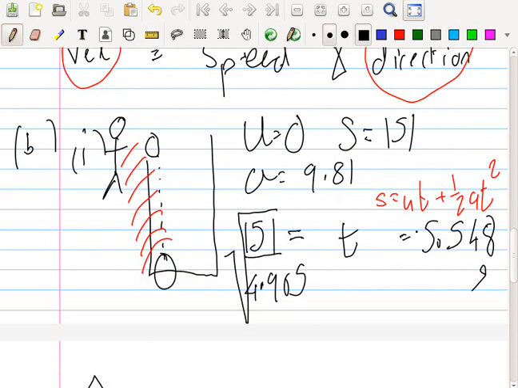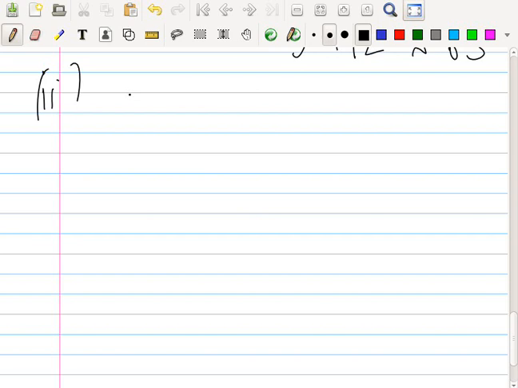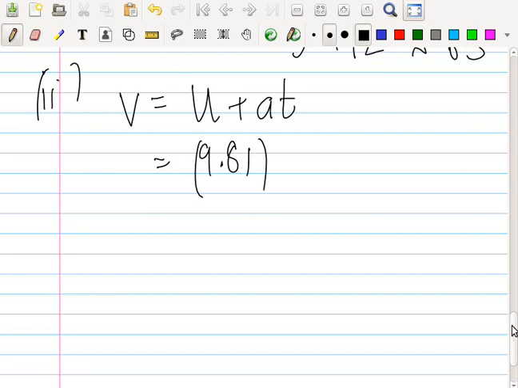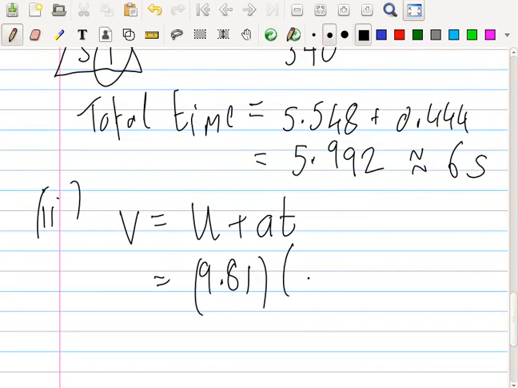The next part is, what's the velocity? So what formula will I use? The velocity of the stone at the end? V equals U plus AT. What's the U here? 0. What's the A? 9.8. And what's the T? Be careful. 5.992.